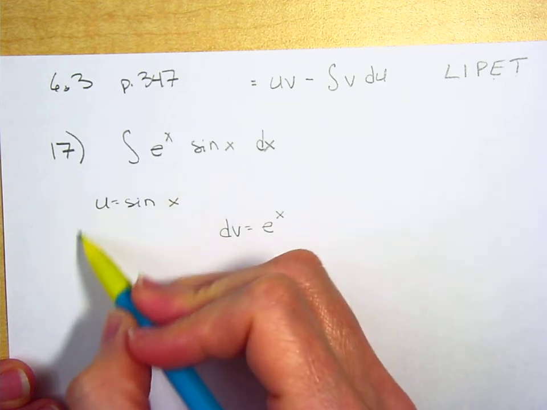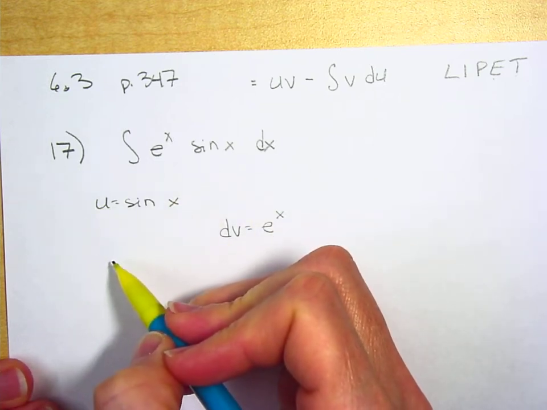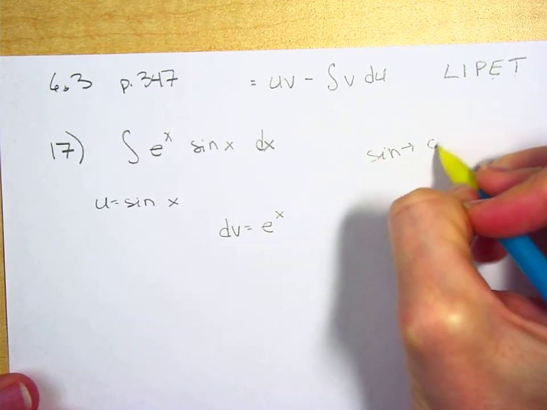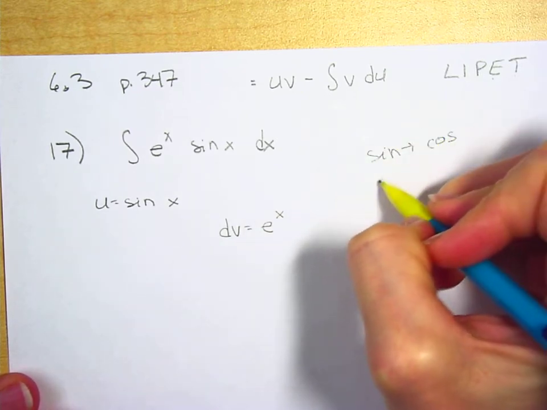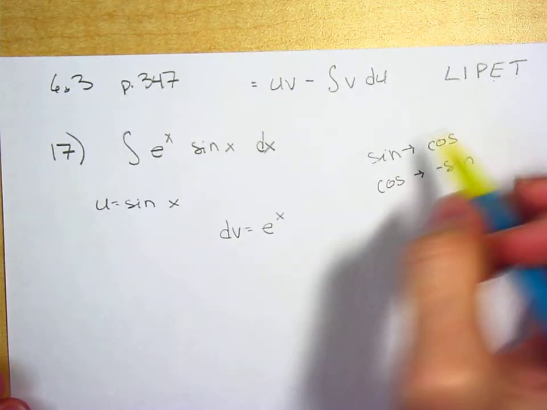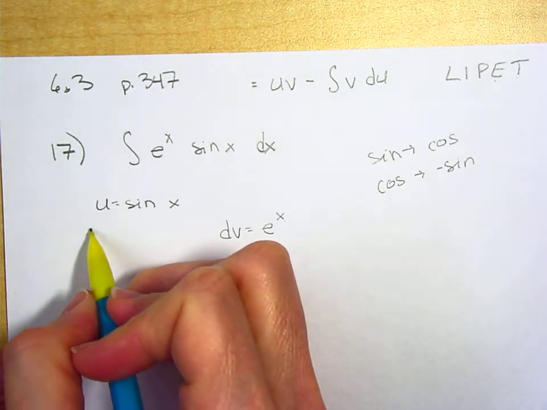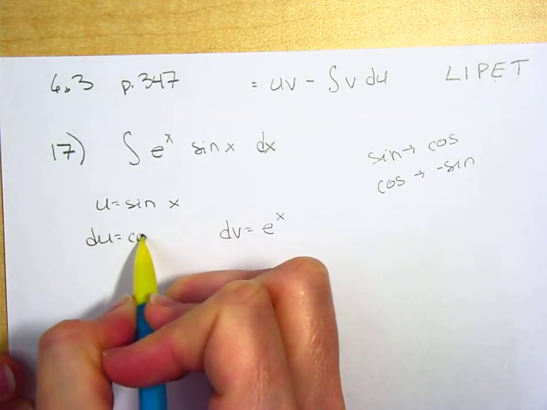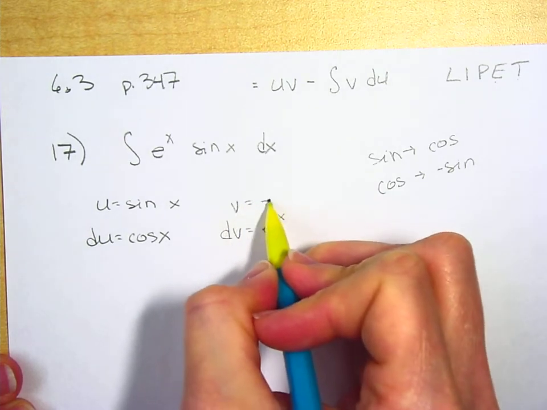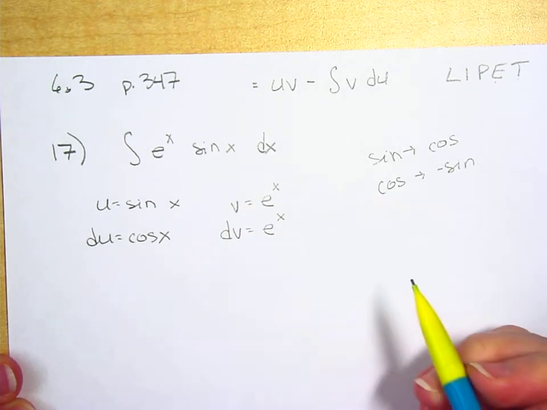Okay, so remember here I'm taking the derivative, so let's recall, I always have to write this. These are my derivatives because I just have a habit of messing up those negatives. So derivative of sine is cosine. So du is cosine of x. And then if I'm going backwards from e to the x, I'm always going to get e to the x.